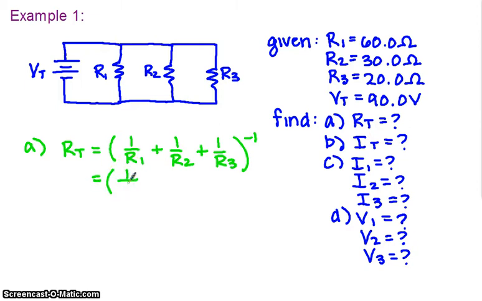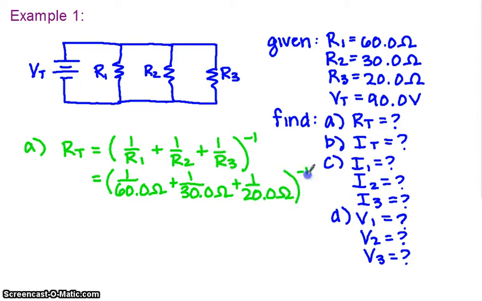So we'll do that here. 1 over 60 ohms plus 1 over 30 ohms plus 1 over 20 ohms. I would suggest that you give this a shot in your calculator to confirm you can actually get the right answer, but the correct answer for that part is 10 ohms. That's the total resistance, or the equivalent resistance, of this circuit.